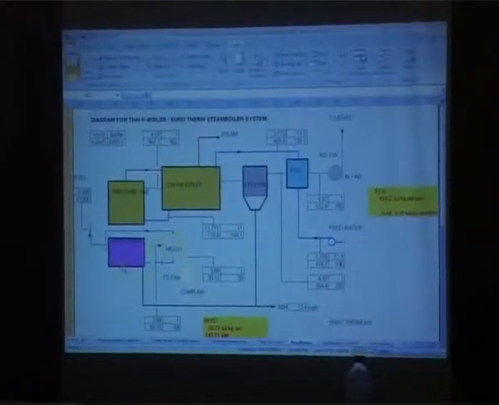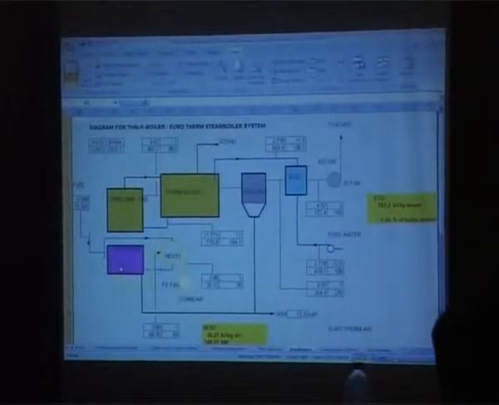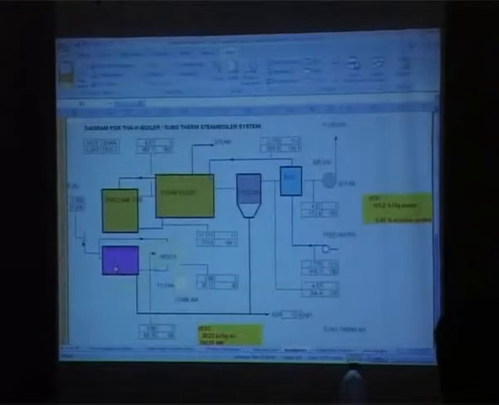Yes, I have a spreadsheet on this. This here is a system with a step grate, and this is working with moist biomass fuel.